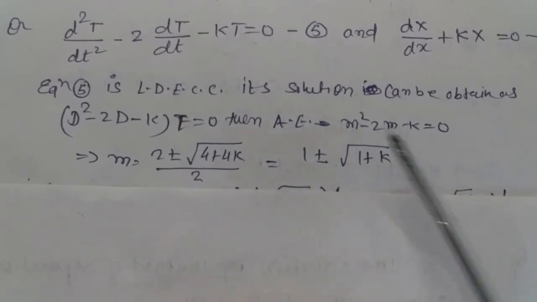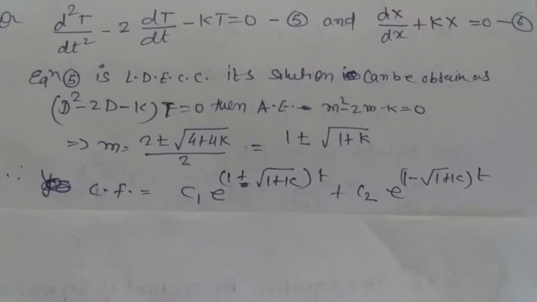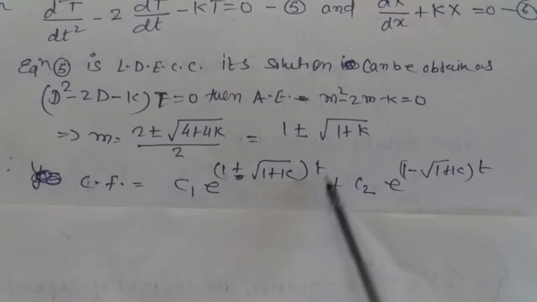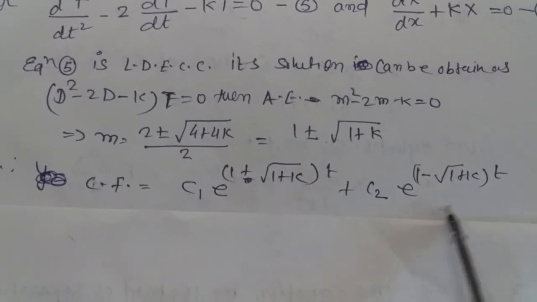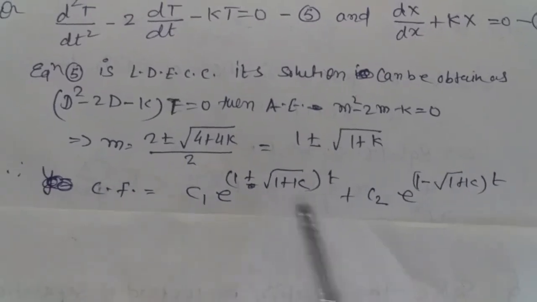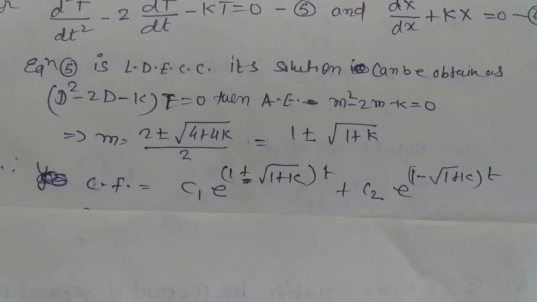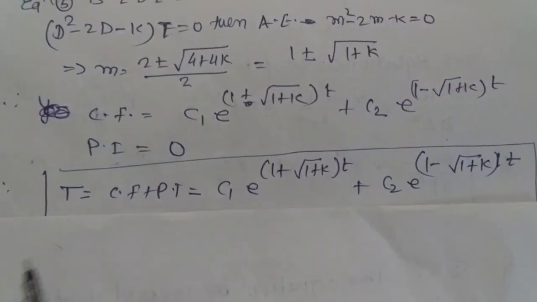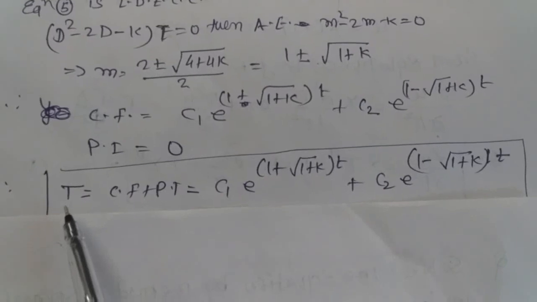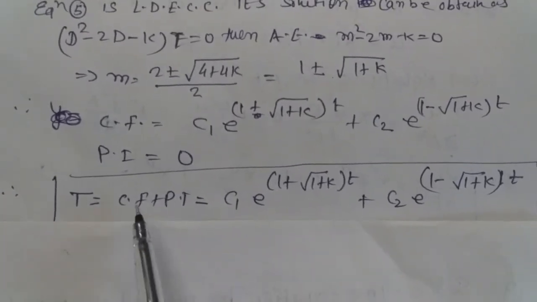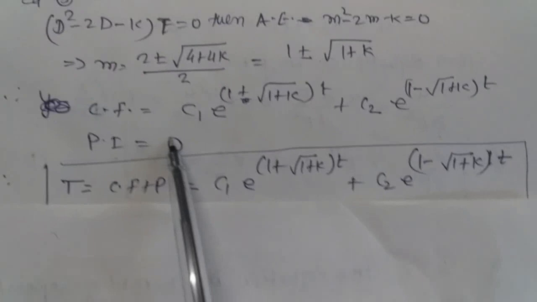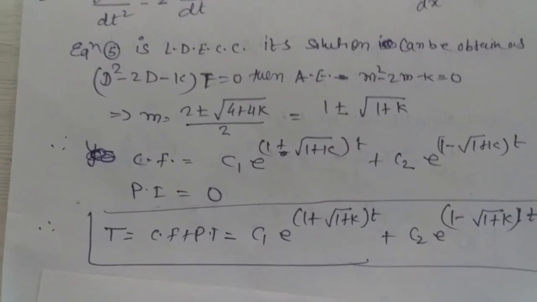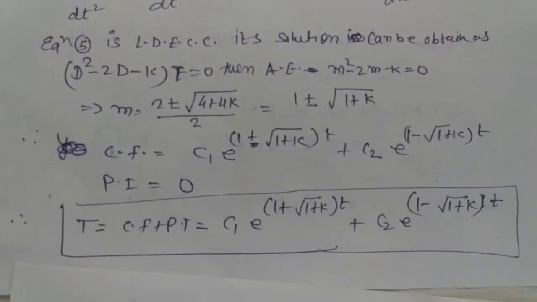So the roots are real and distinct, and therefore the CF is C1 e^(m1 t) plus C2 e^(m2 t). So this is the CF, and T equal to CF is the solution, since PI is 0. So this is the solution of equation 5, that is the solution of the first ordinary differential equation.